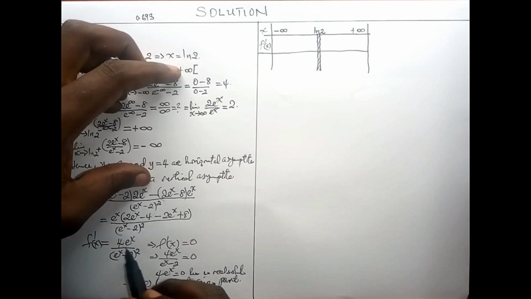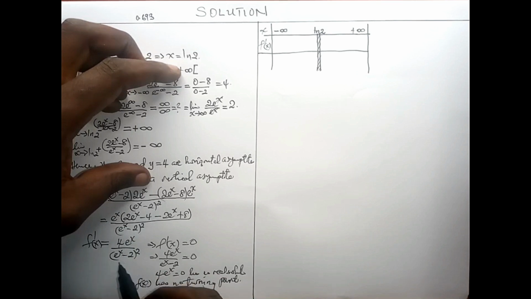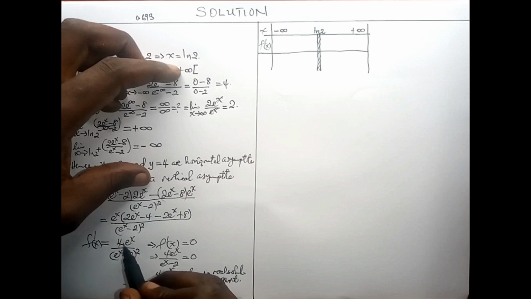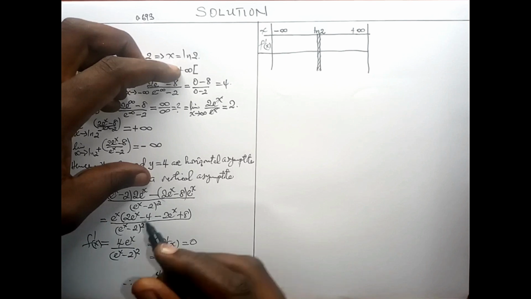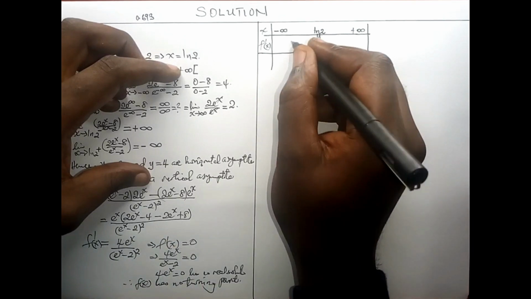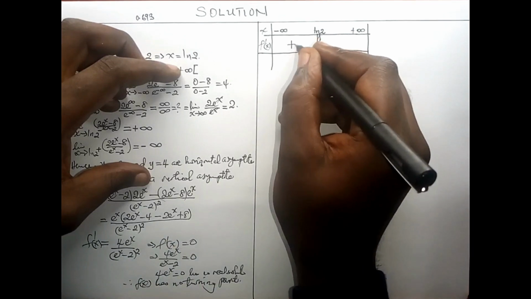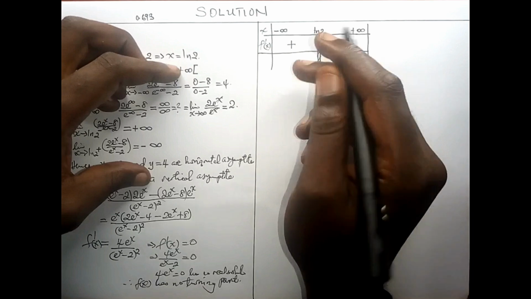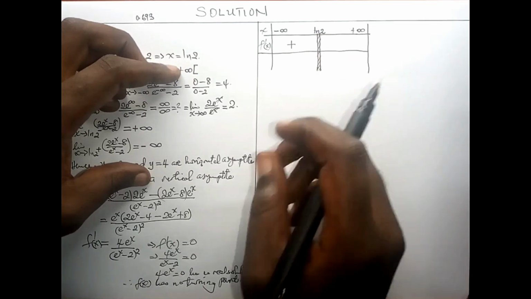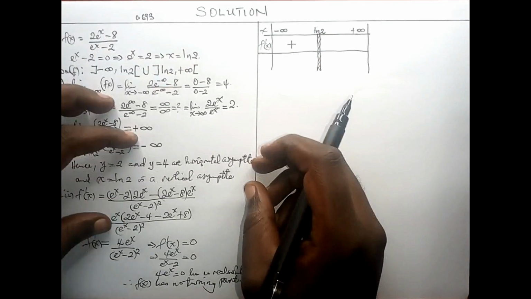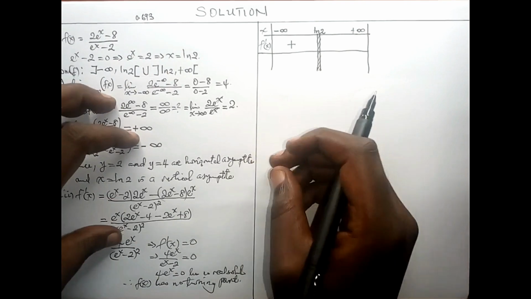Substituting 0 in f prime of x, I will have 4 times e to the 0 all over whatever is down there. I will square it, so it will not affect the sign of f prime of x. So 4 times 1 over something positive remains positive. So f prime of x is positive in this region, and that tells us that it will be increasing. When the gradient is positive, the function is increasing.